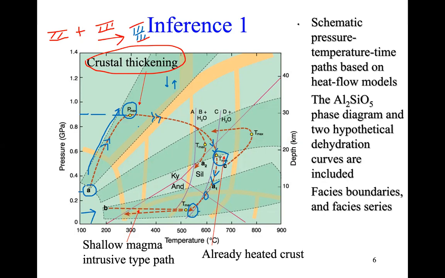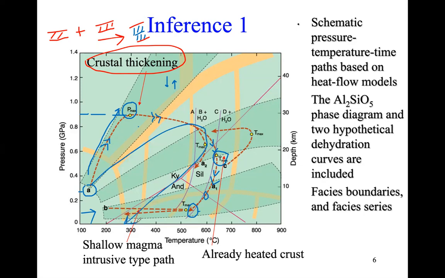So this is a typical crustal thickening PT path, but there can be some slight variations. For example, without going to this Pmax, sometimes you might experience PT paths like this also, right?